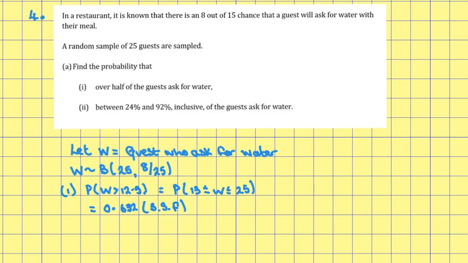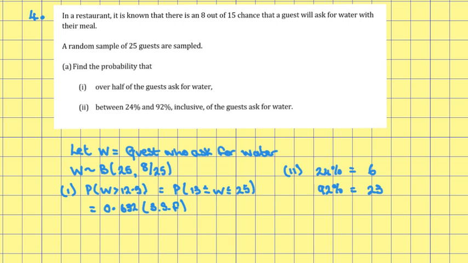For part 2, we need to work out 24% of the guests, which is equal to 6, and we need to work out 92%, which when you work it out comes to 23 guests.